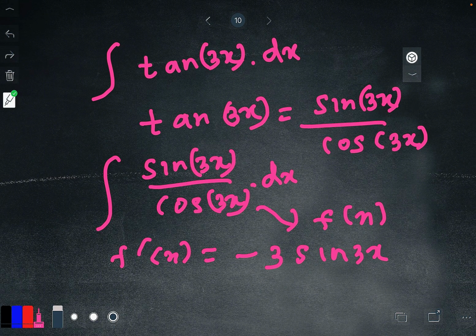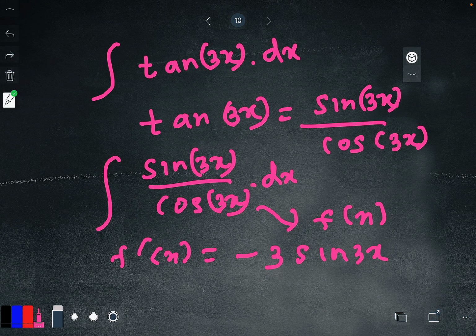Now let's use the substitution. f of x is cos 3x, and f prime x is minus 3 sin 3x.